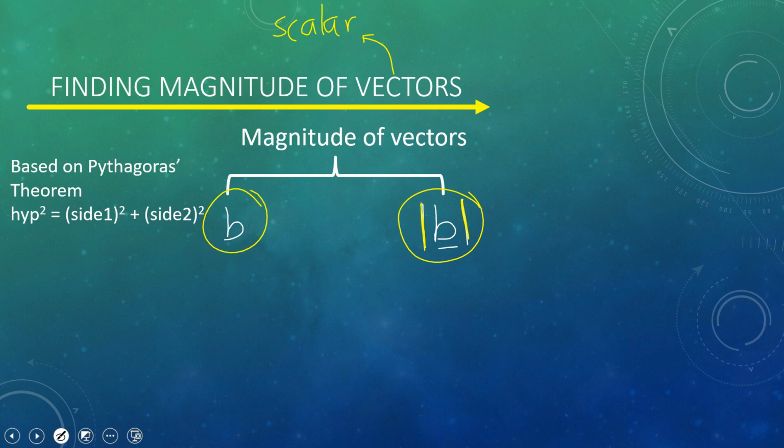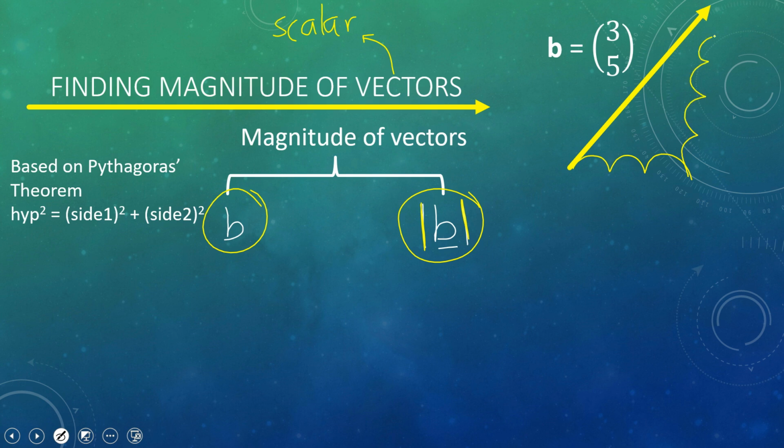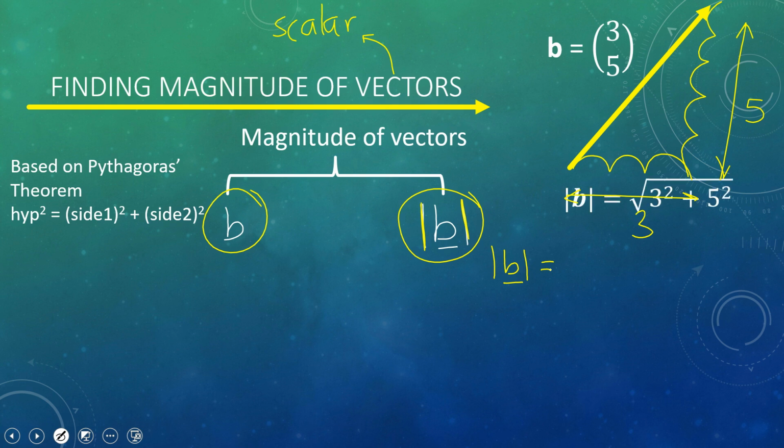And now let's use this to solve this question. So we've got a vector, 3 x component and 5 y component. So that's 3 along and 5 up. Now if you want to find the magnitude of this vector, what we would do is the magnitude of b, with the modulus sign, equals 3 squared plus 5 squared.